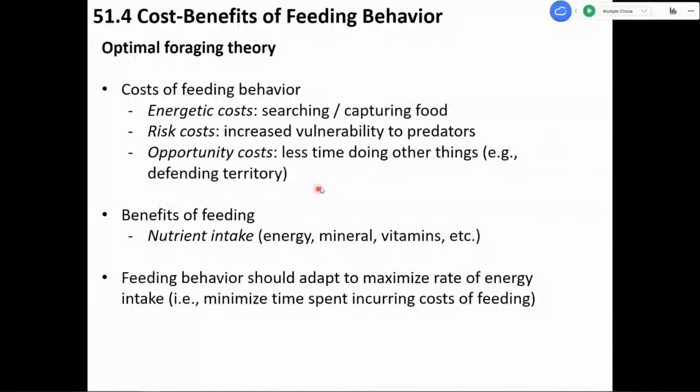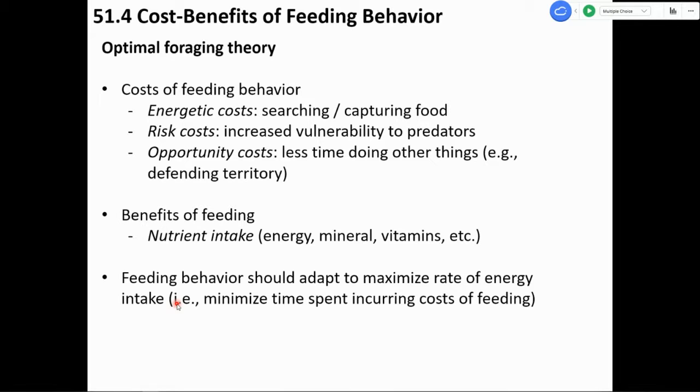And there are opportunity costs that we discussed. Maybe you can't be doing other things like defending your territory or finding a mate. But the obvious benefit is that you have nutrient intake. You need to feed to survive. So it makes sense that if you are out feeding in this kind of environment, you should maximize the rate of energy intake per unit time.